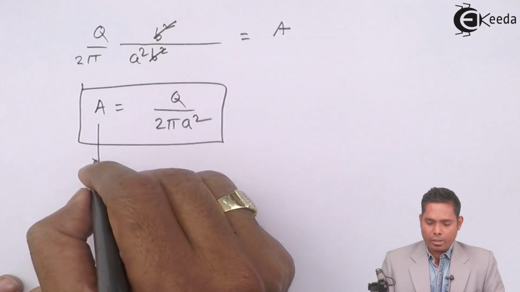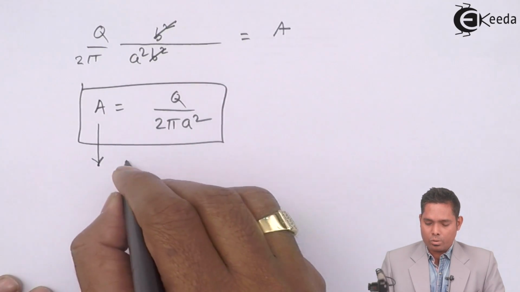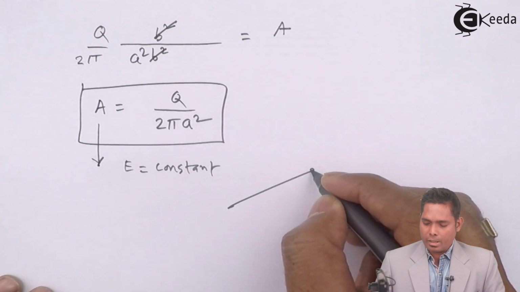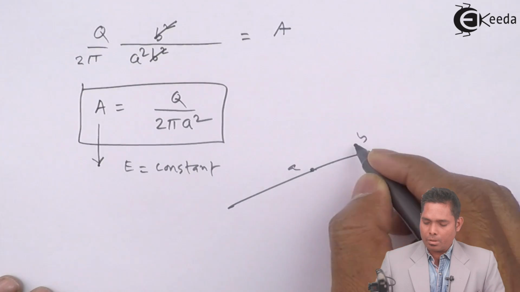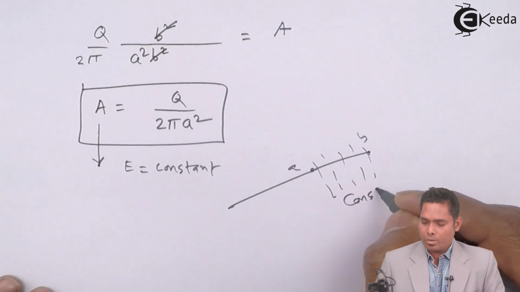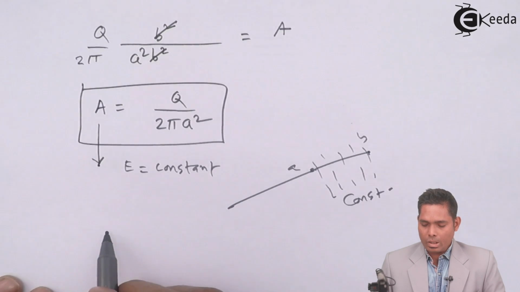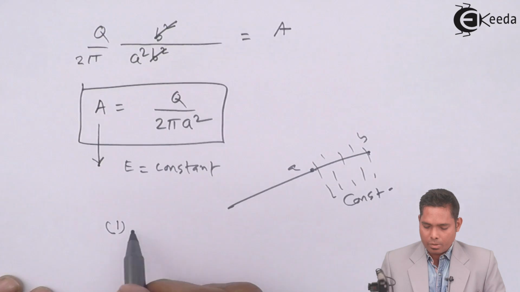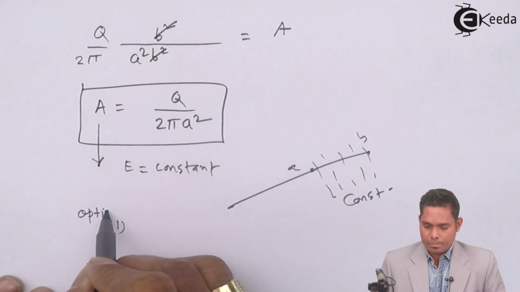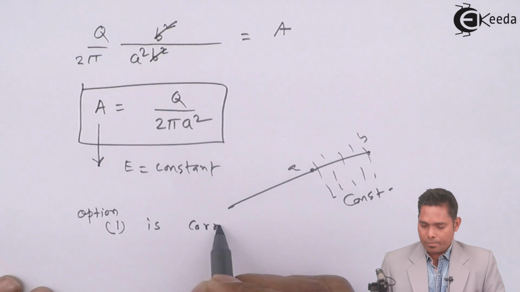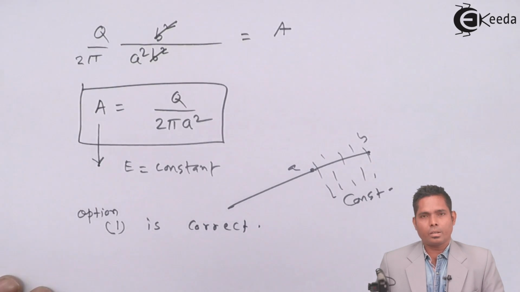So this value of A gives you E equals constant. In between the radius A to the radius B, everywhere the electric field is constant. Therefore, option number 1 is correct. Okay, thank you.